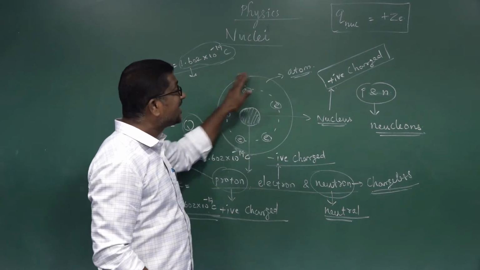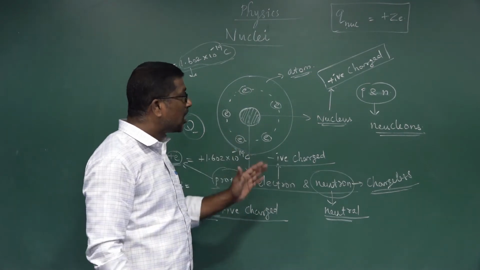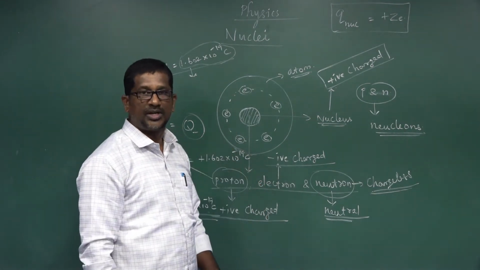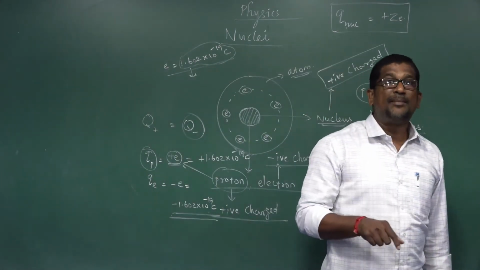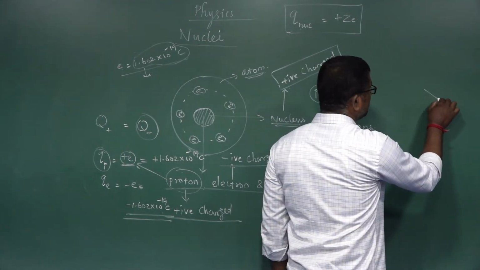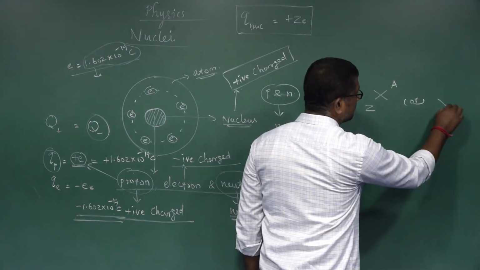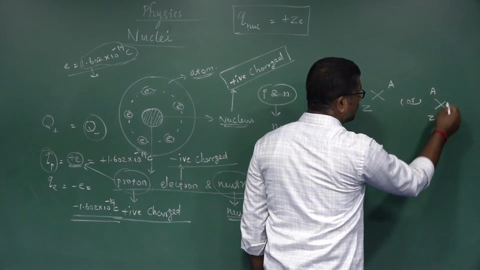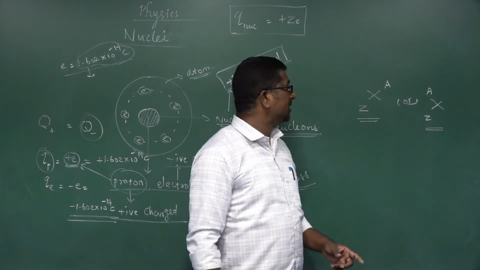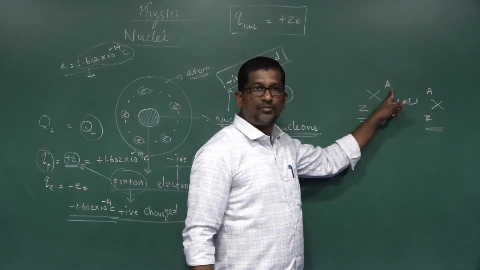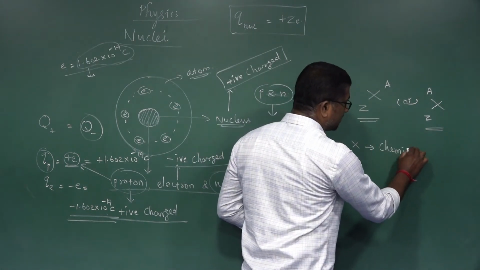The nucleus is the central core of an atom, and around the nucleus, the negatively charged electrons revolve in fixed circular orbits, right? Generally, the nucleus of an element is represented by the symbol X with Z as subscript and A as superscript, or otherwise we can write it like this.